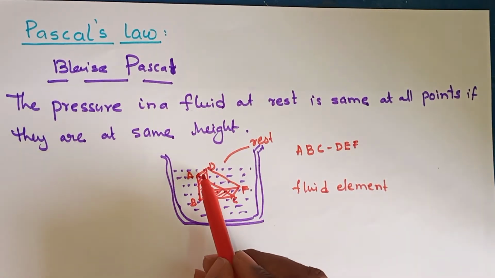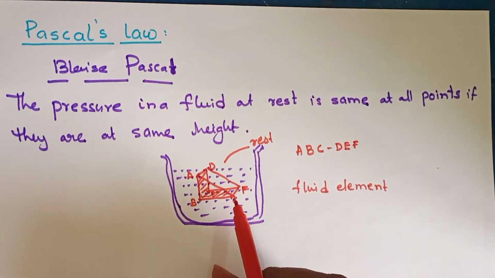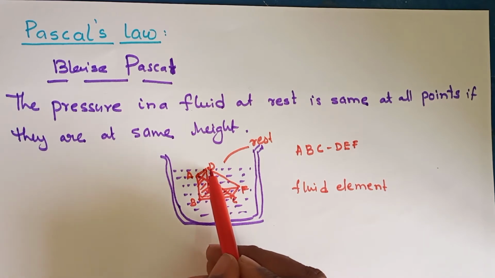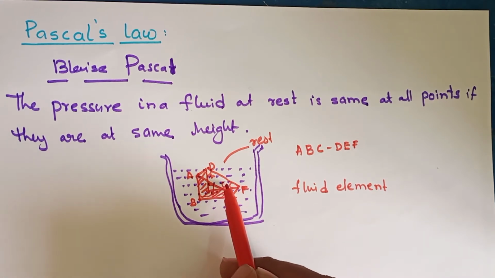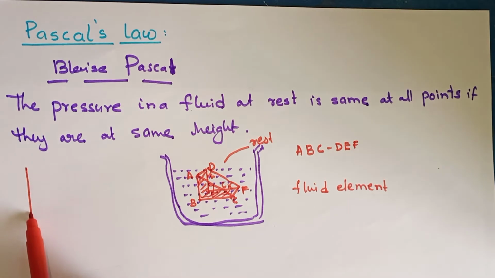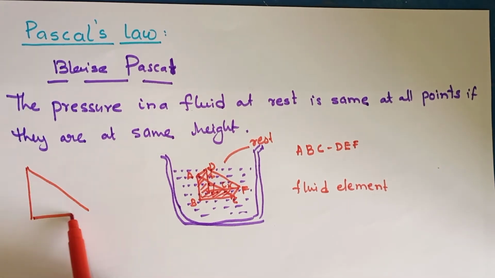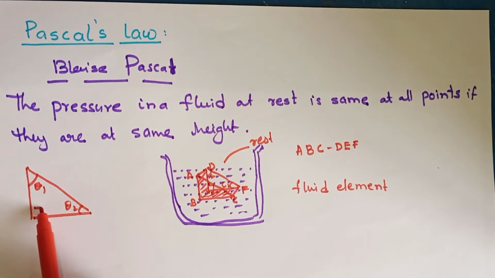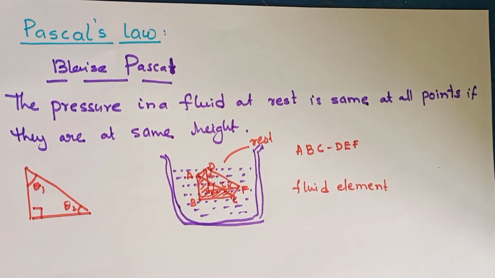The element is in the form of a right angled prism, meaning making 90 degrees. This is theta 1 and this is theta 2. So the effect of gravity on the element can be ignored.